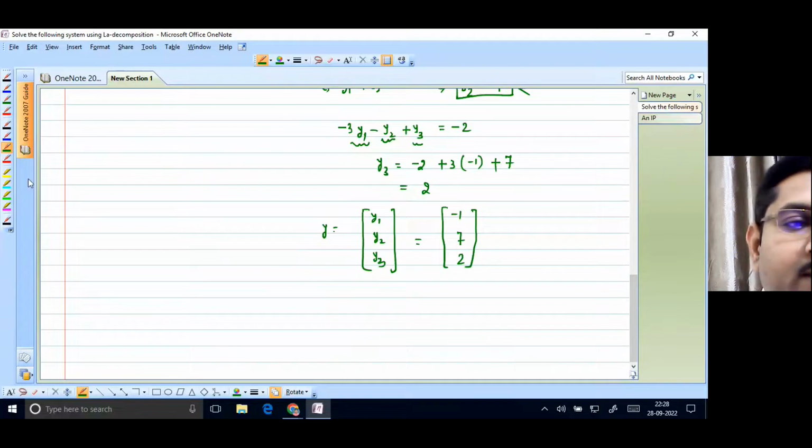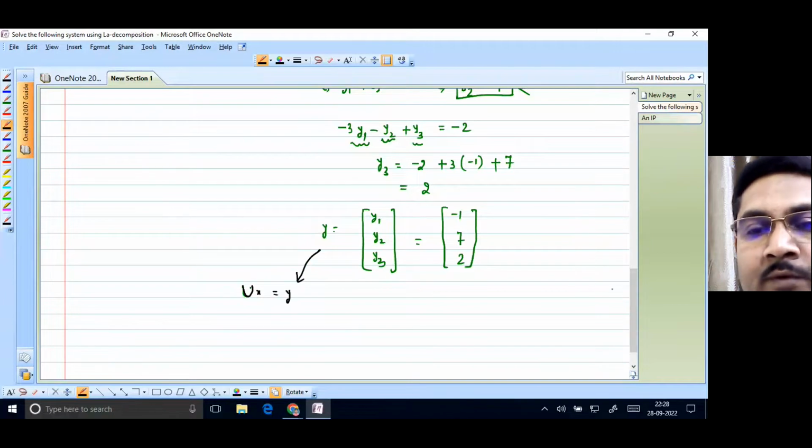So now my intention is to solve the equation Ux equal to y for x. I will write my equation as Ux is equal to y, and the y value I have obtained here. The right hand side is now known.